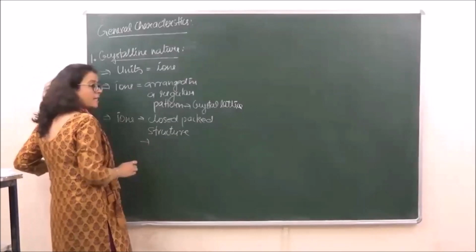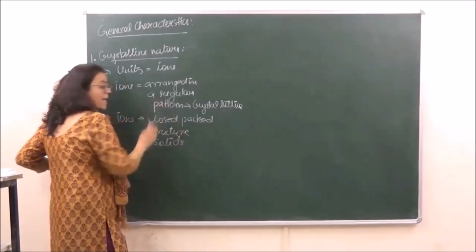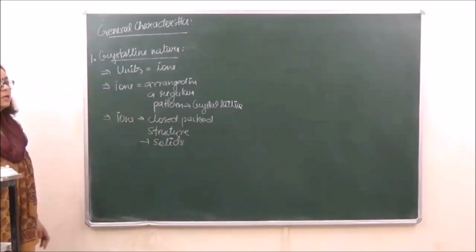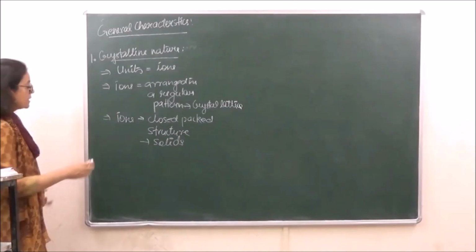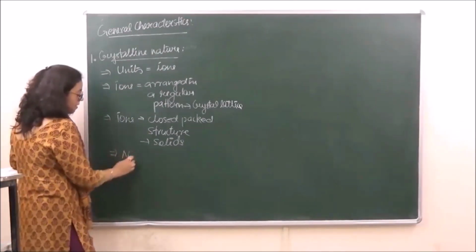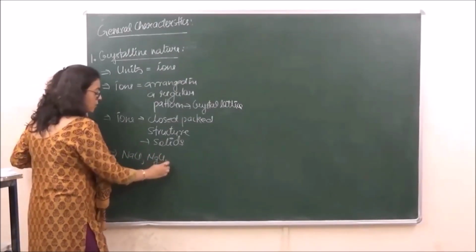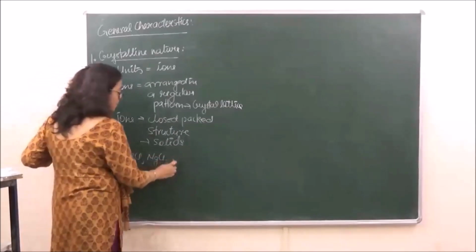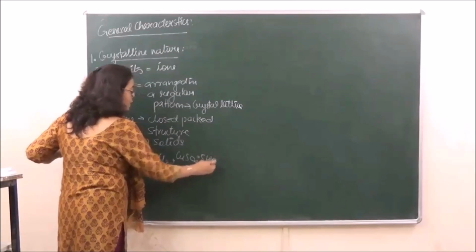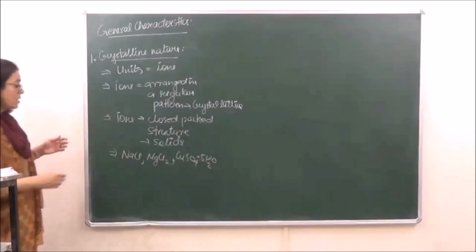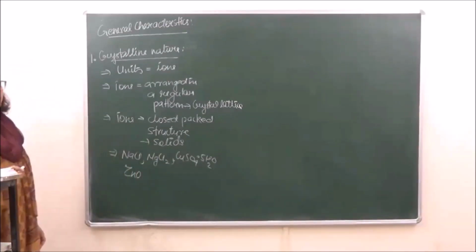So mostly the electrovalent compounds only exist as solids and they cannot exist as liquids or gases. Okay? So for all ionic compounds, you can take examples. For example, we have sodium chloride, magnesium chloride, copper sulfate, and zinc oxide. All these are crystalline in nature. They all are solids, right?